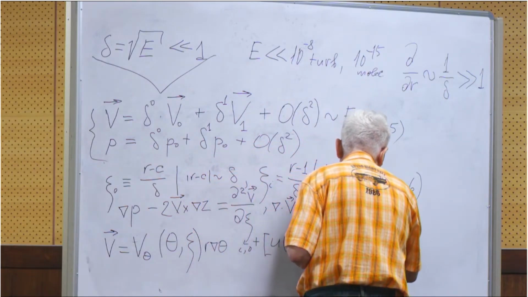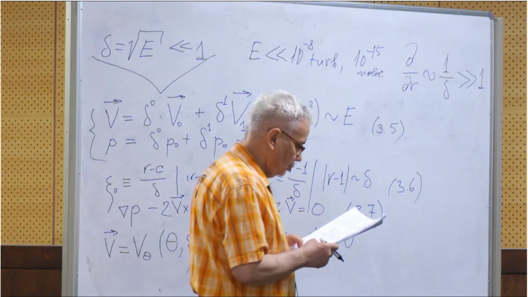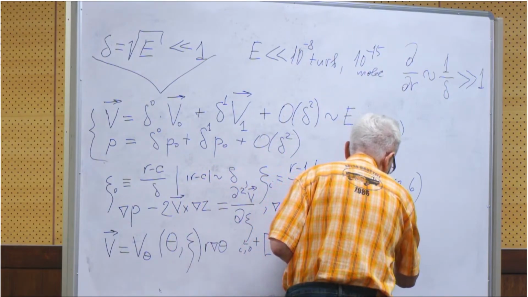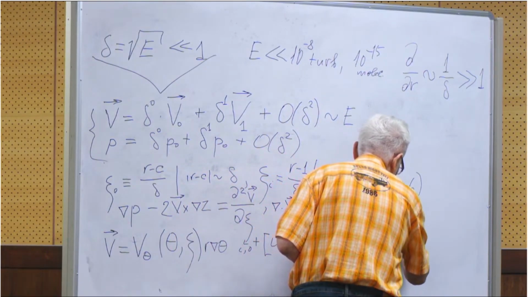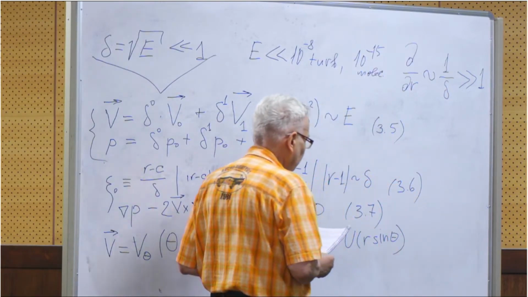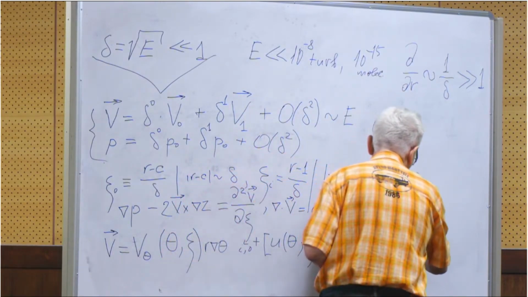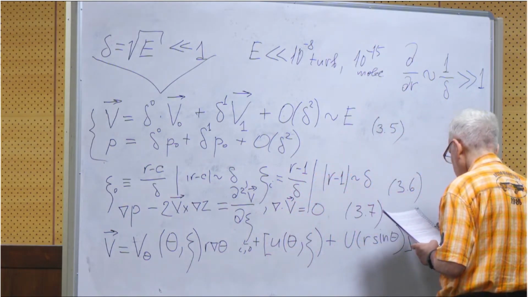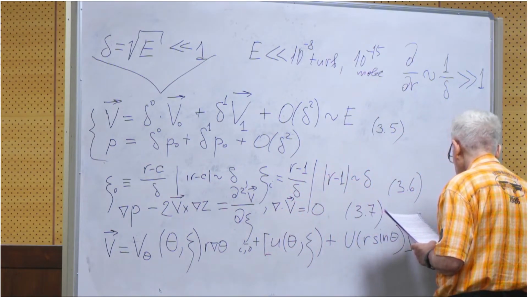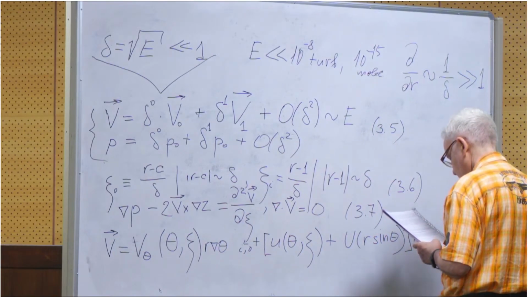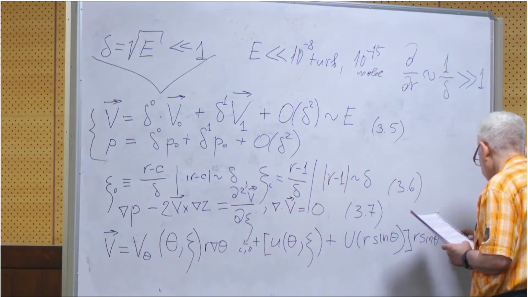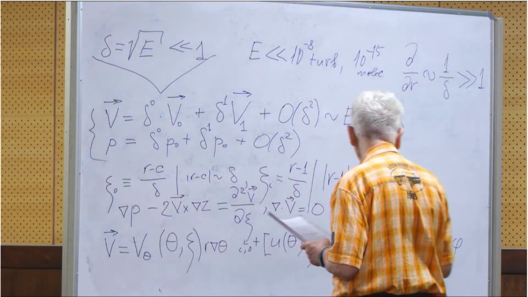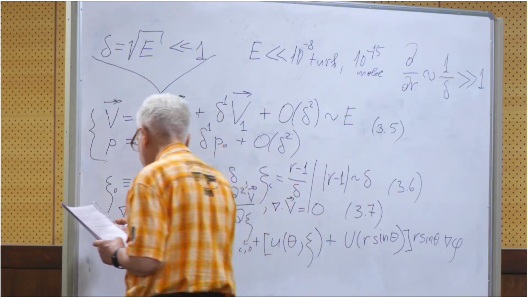As was already told and shown to you, this depends only on the cylindrical radius. In the spherical coordinate system, this cylindrical radius is r sine theta. So we just close that and put here the unit vector in the direction of phi. So it constitutes formula 3.8.